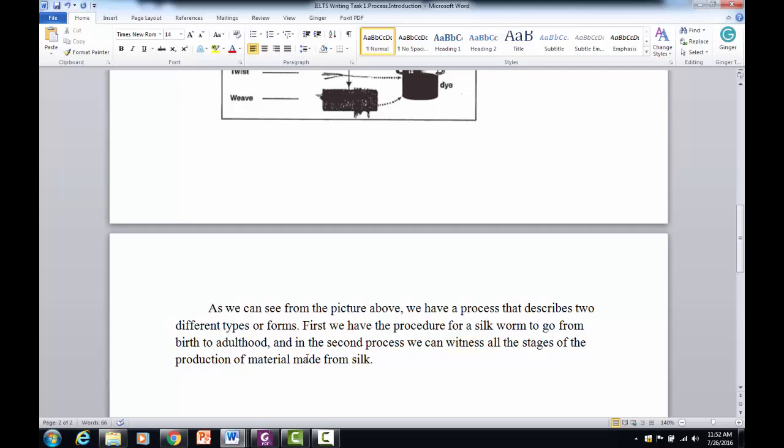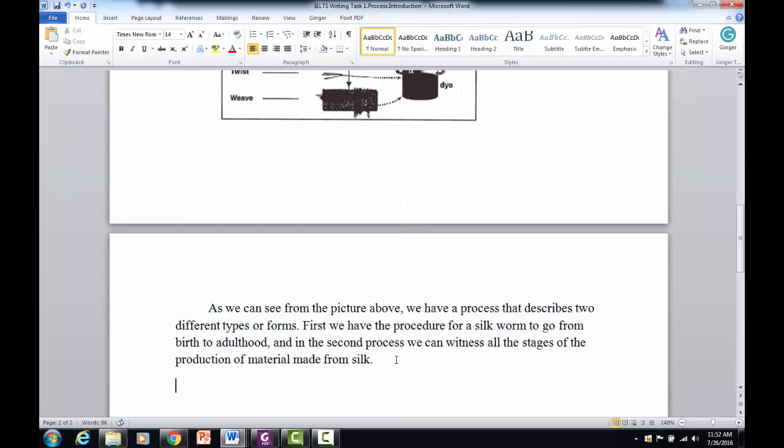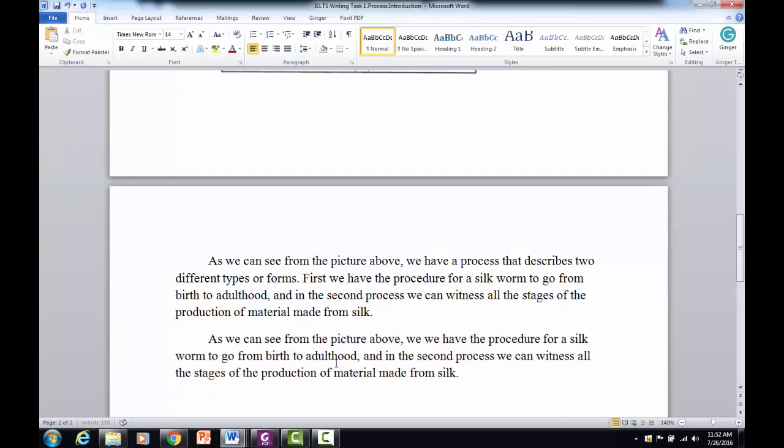Now, some of you might say, could we have done it a little bit shorter? Yes. We could have taken this and made a shorter sentence. I'm going to show you right now how to do that. We could have just said this: as we can see from the picture above, we have the procedure for a silkworm to go from birth to adulthood.